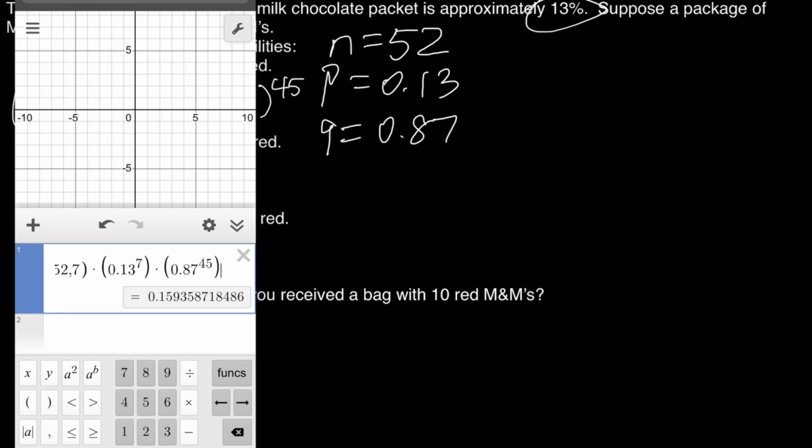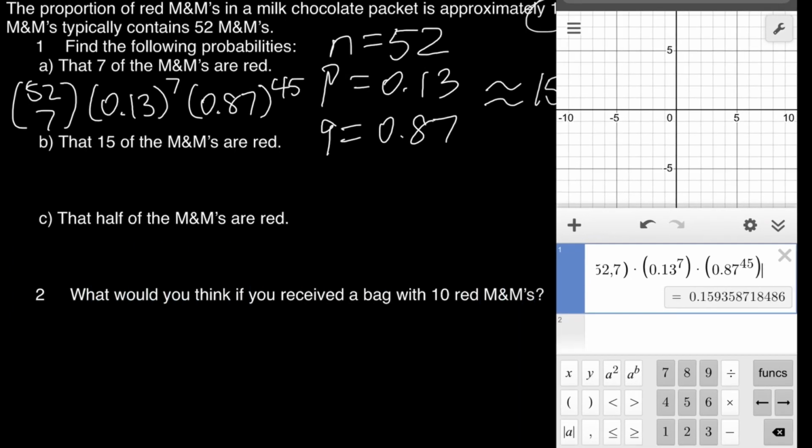We can convert that into a percentage, so that's approximately equal to 15.94%. That will be the percentage of getting 7 red M&Ms.